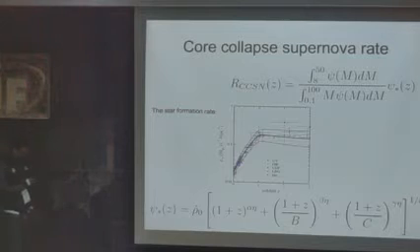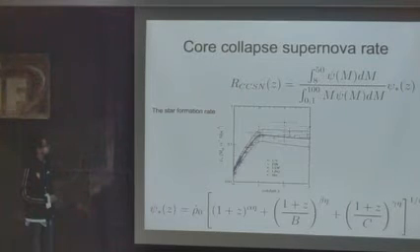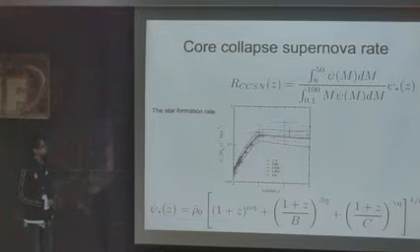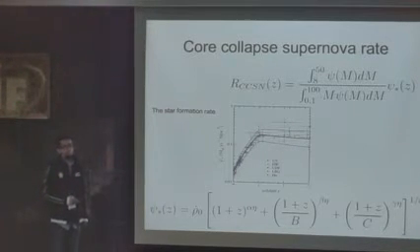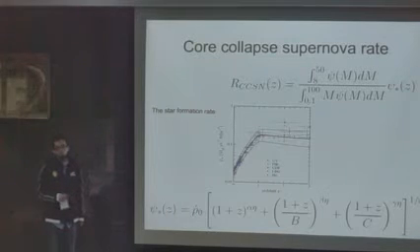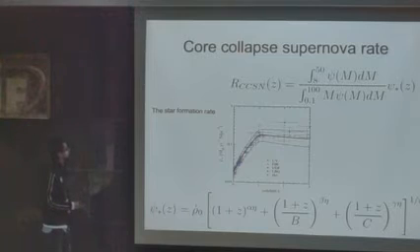So let me go a little bit into the details of each of the ingredients. In order to compute how many supernovas you have, you need to know how many stars you have. And from these stars, how many of them are bigger than 8 solar masses, which are most probably going to collapse in a supernova.